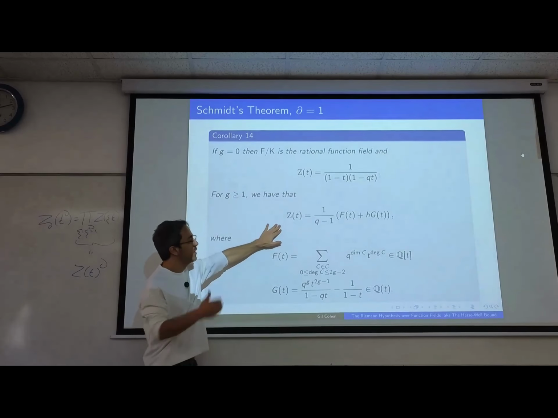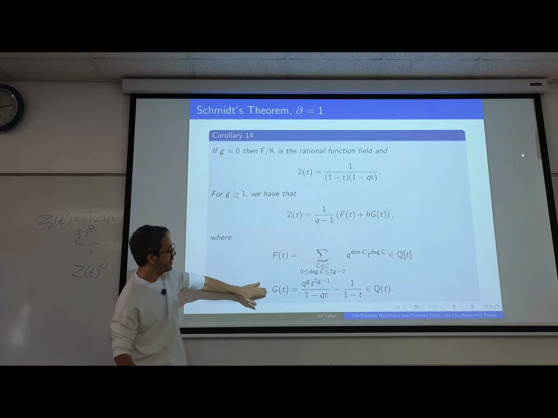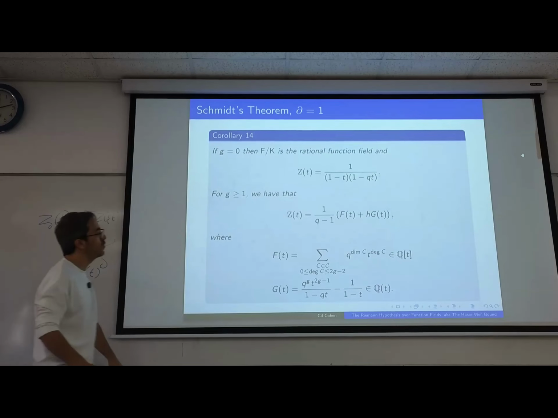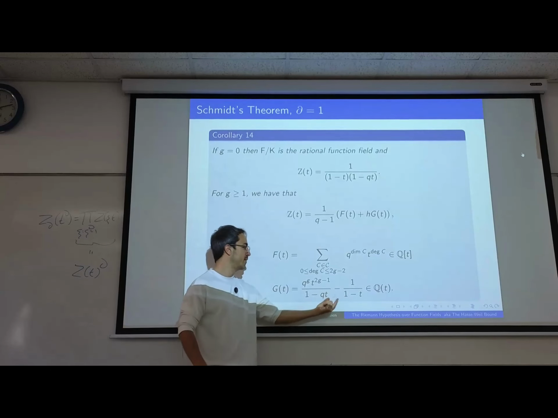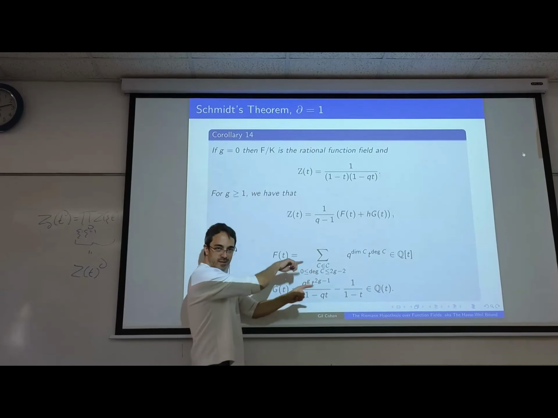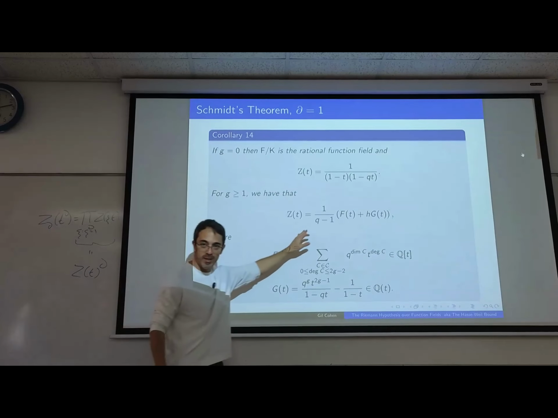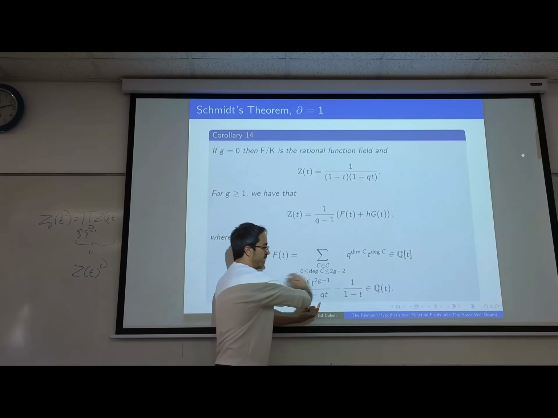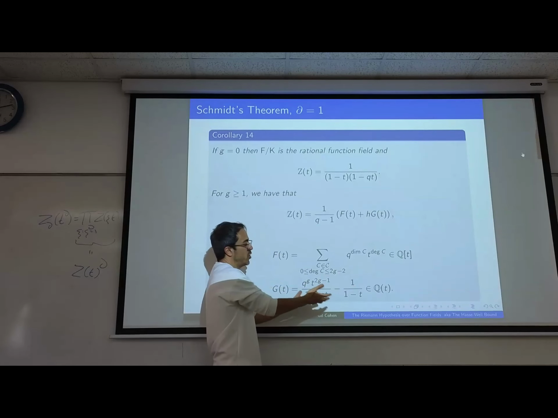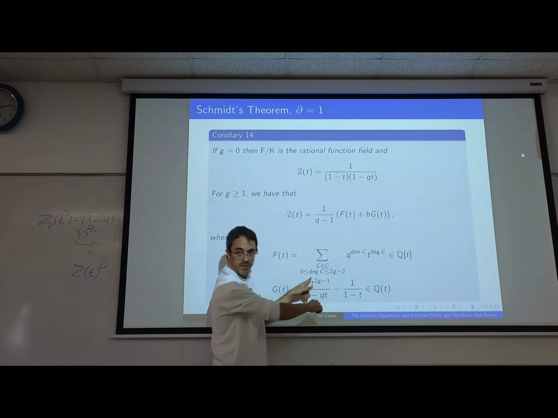Z is that thing, like 1 over q minus 1, a polynomial plus h times g, and that's the polynomial, and that's g. And if you look at it for a second, that's a polynomial. And if you multiply the denominators and do the cross product and so forth, and multiply by h, add f, divide by 1 over q minus 1, you will see that in the denominator you have these things, and in the numerator you have some polynomial of degree at most 2g, because you are going to take this product.